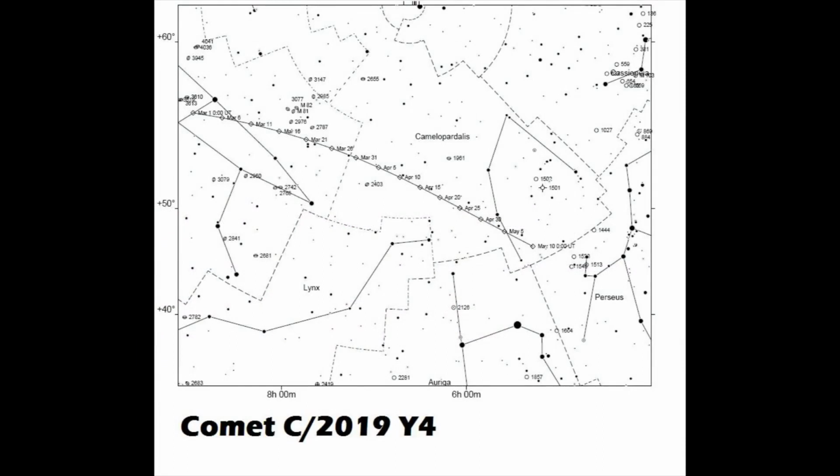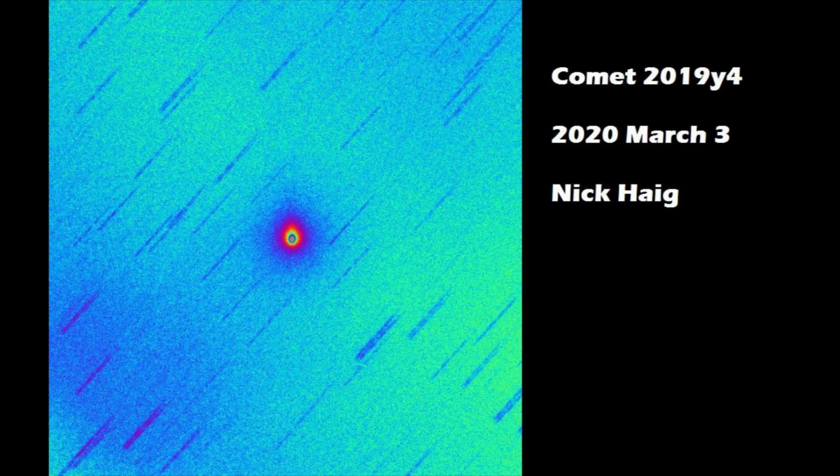Here's the path through the sky, and here's a nice image, and I picked this false colour image by Nick Haig because it does show something of a tail, perhaps a forked tail there, and there you can see the star trails.